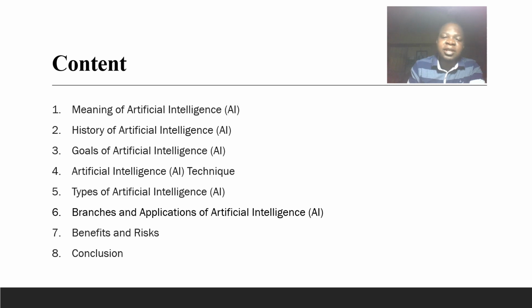Also, we'll be talking about artificial intelligence techniques. From there, we move to types of artificial intelligence in line with the branches and application of artificial intelligence. And lastly, we'll discuss the benefits and risks, talking in terms of the advantages and disadvantages.